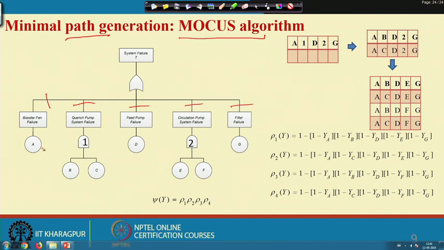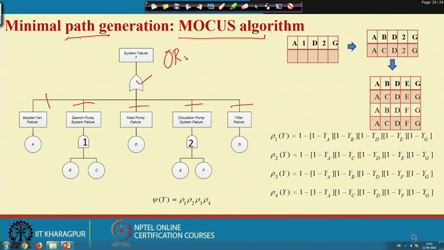As this is an OR gate: when we go for minimal cut, we increase the number of rows, but when we go for minimal path, we increase the number of columns when there is an OR gate.